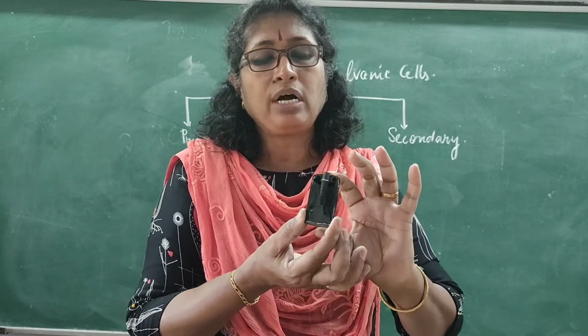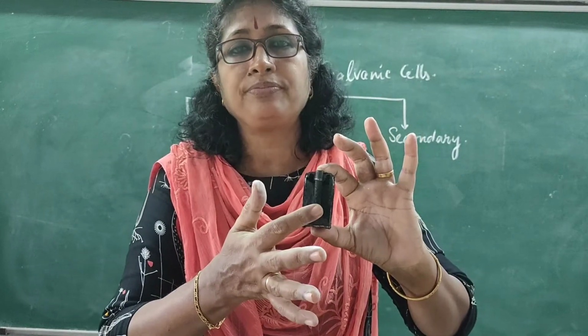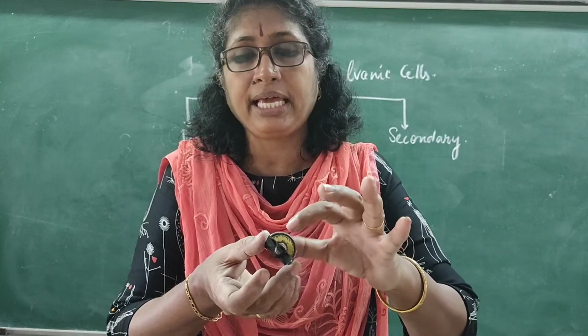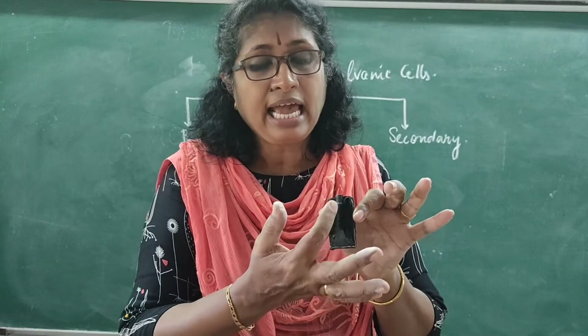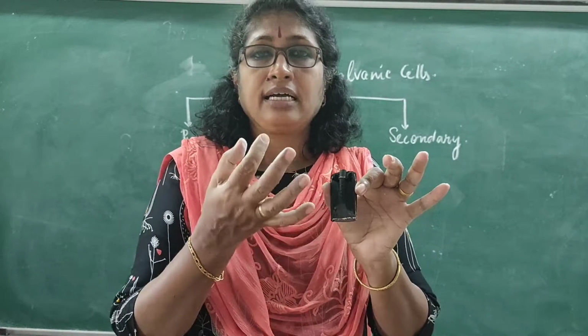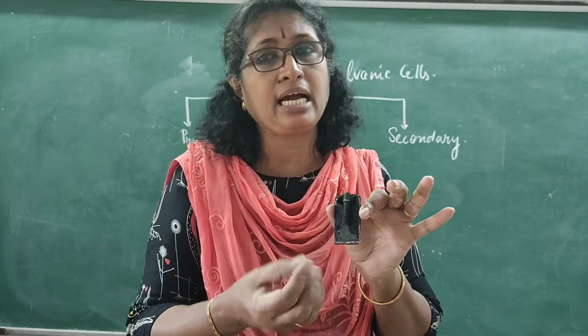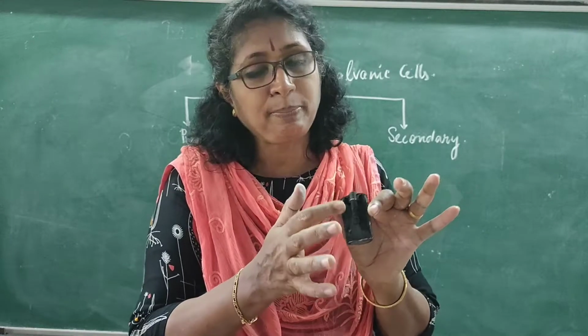Okay. Now the cathode. What is the cathode? The cathode is this graphite rod with a metal clip. You can see the metal clip here. Surrounding this graphite rod there is a paste of manganese dioxide and carbon. Manganese dioxide and carbon are mixed, that is why it is black in color.